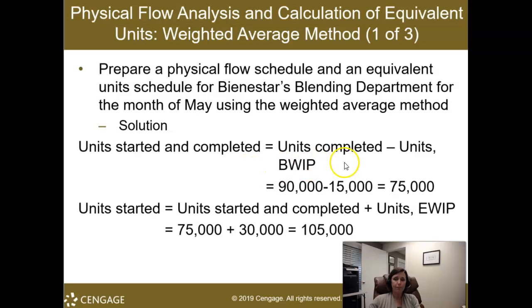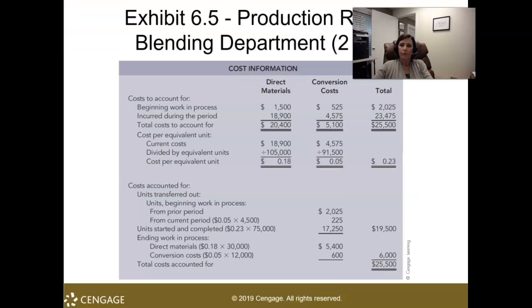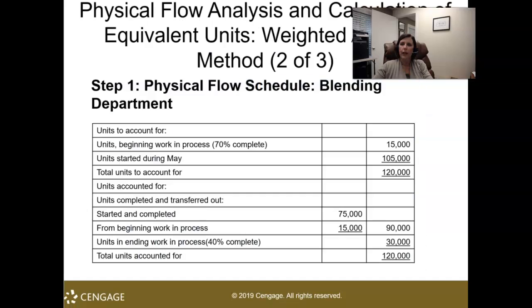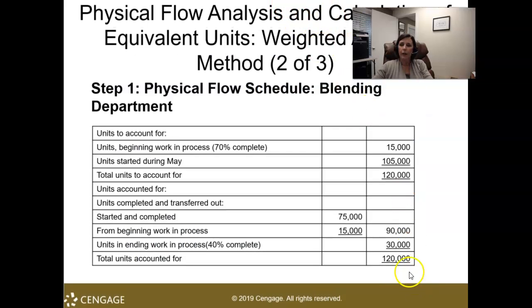So the physical flow inventory for equivalent units, whether you're using FIFO or weighted average, is going to look exactly the same. So you notice here that these numbers should look familiar. And this is the point at which these processes start to diverge, because now we have total units that we're accounting for of 120,000.